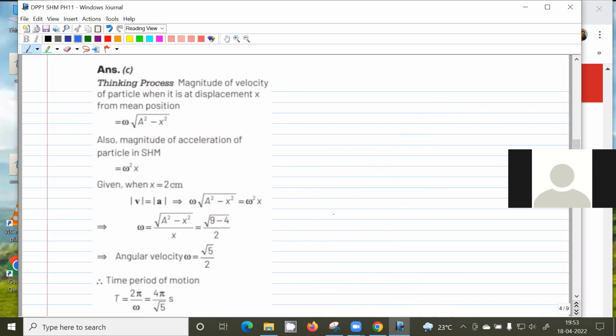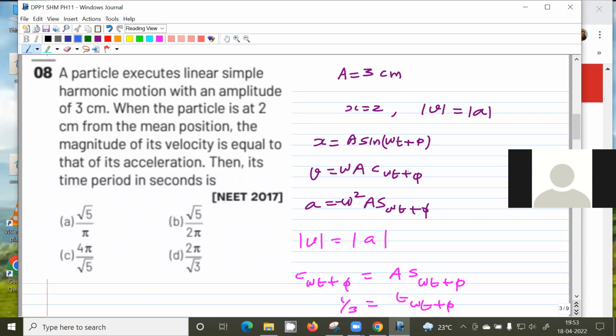Okay, you can write both velocity and acceleration in terms of x.